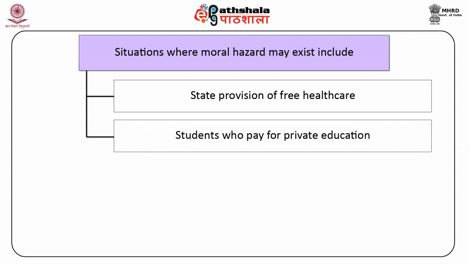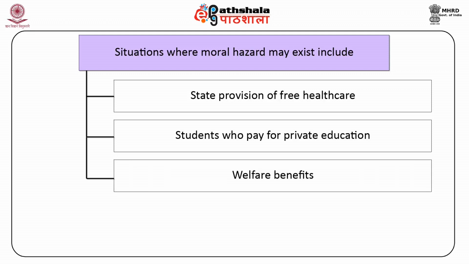Students who pay for private education may believe that this provides an insurance against failing exams and may work less hard than students in state education. Welfare benefits may encourage individuals to rely on the state and not train or retrain if they become unemployed.